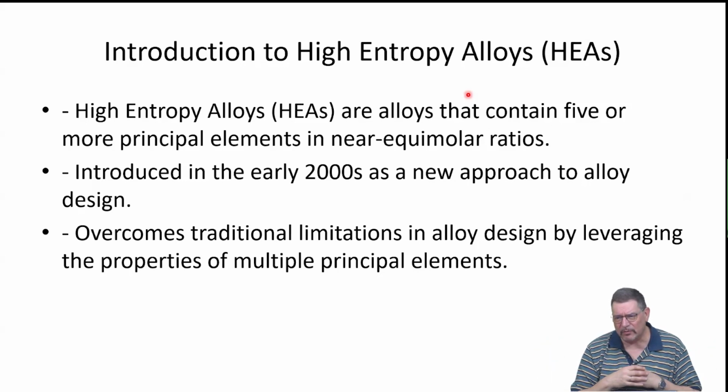There are often situations where we cannot easily mix all 5, 6 or more constituents at equimolar concentrations, because maybe at that concentration another phase has a much higher lattice stability. It means the thermodynamic driving force will favor this other phase to form, at least as a second phase.